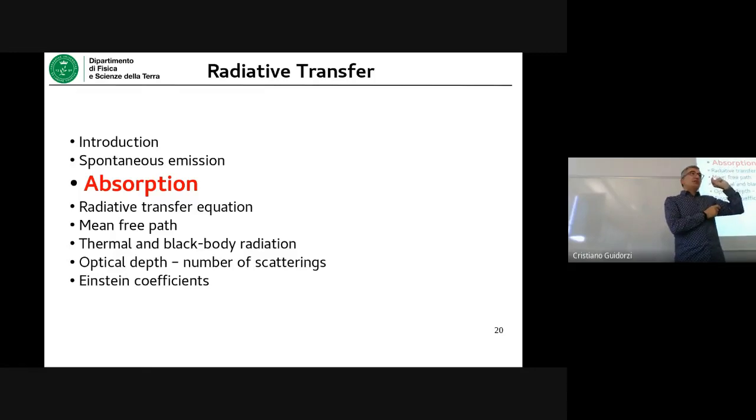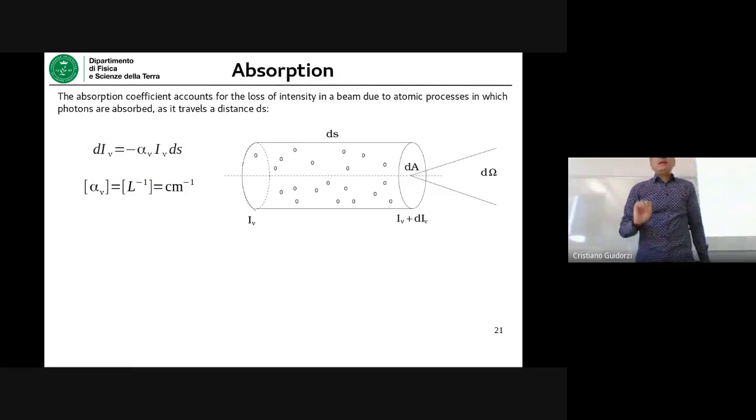So you can move an electron from a lower level to a higher energetic level by letting the atom absorb the photon. So the same gas, the same matter, can also absorb photons, so it can decrease intensity. Let's figure out how this works.